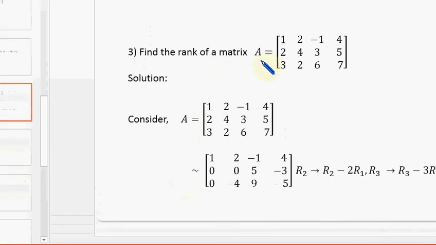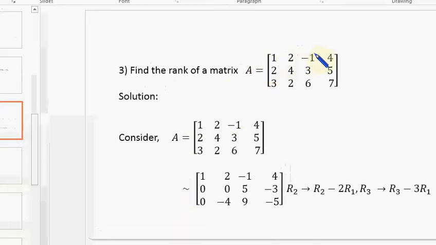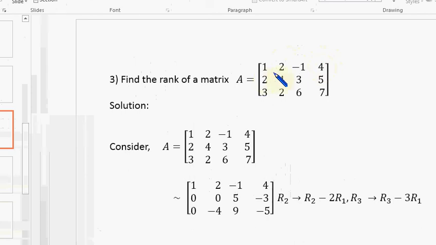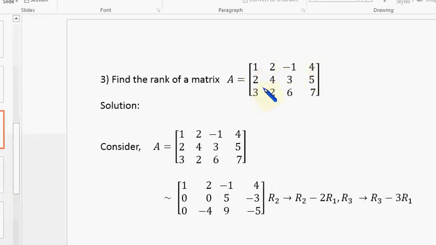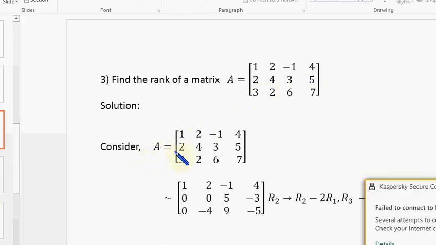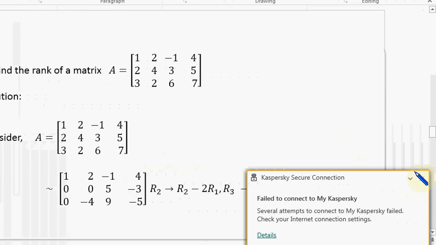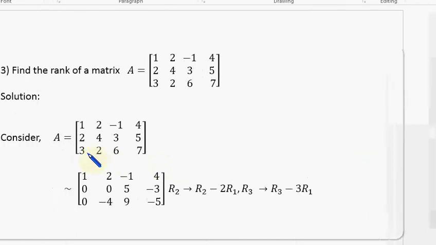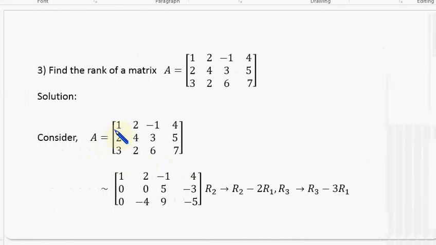Find the rank of the matrix. It's 1, 2, minus 1, 4, 2, 4, 3, 5, 3, 2, 5, 7. Let us consider that matrix as A, and the elements below the leading elements should be 0. Here the first element of R2 is 2, R1 is 1 and R3 is 3.